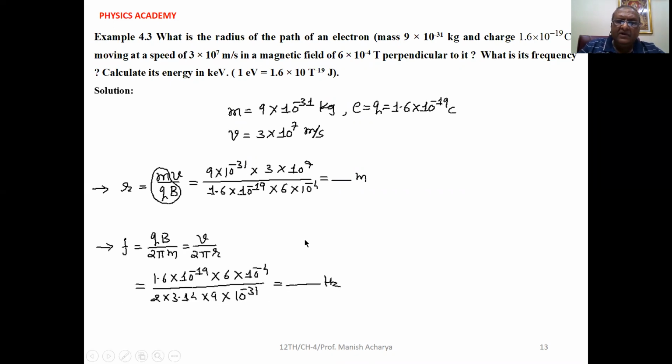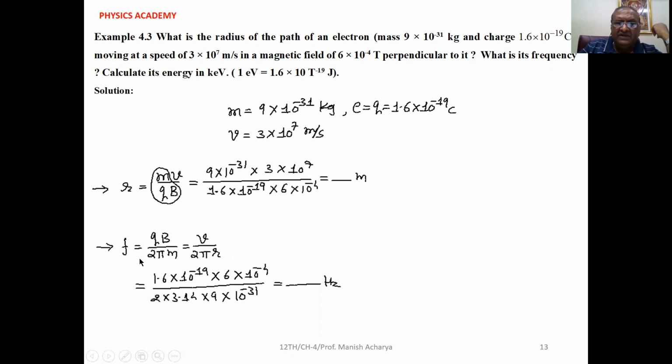Then to calculate the frequency, we can use the equation f equal to qB upon 2 pi m. From this equation of the radius, you can write qB upon m as v by R also. So you can use the equation v upon 2 pi R also, right?